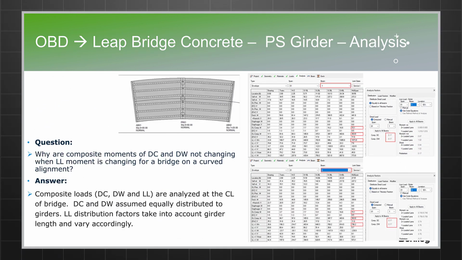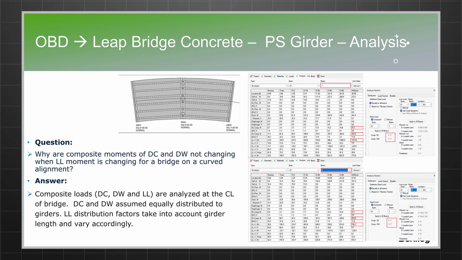In the analysis, there are cases wherein the composite moments of DC and DW do not change, whereas the live load moment changes for a bridge on a curved alignment. Why would that happen? For composite loads, DC, DW, and live load are analyzed at the centerline of the bridge in CONSPAN.